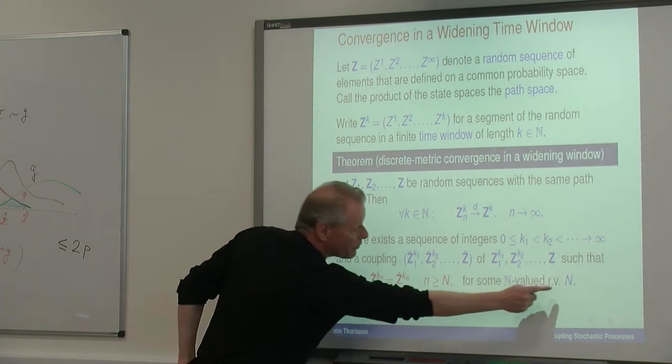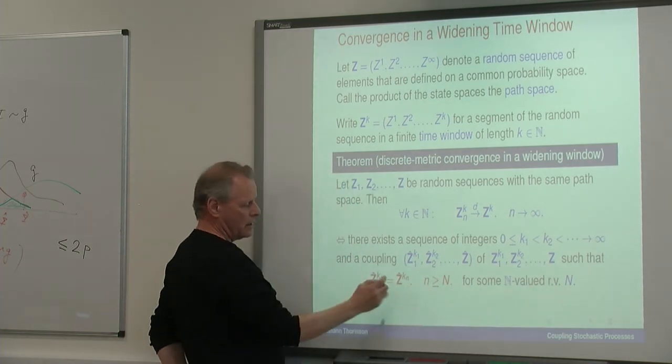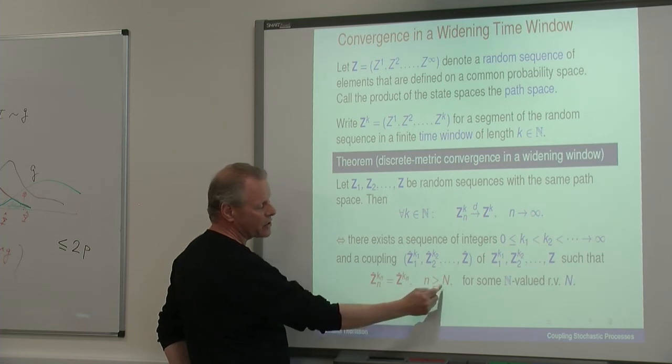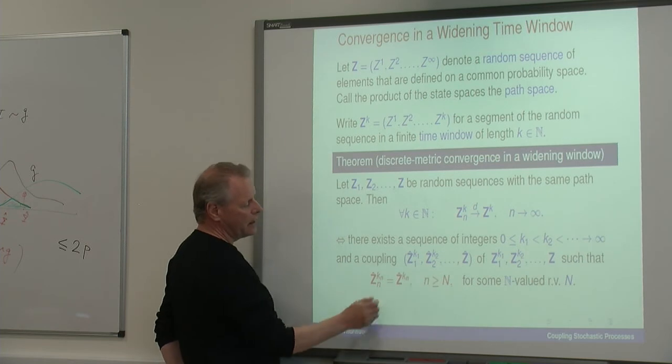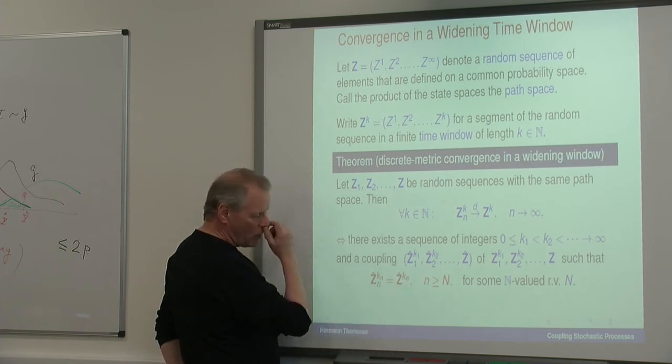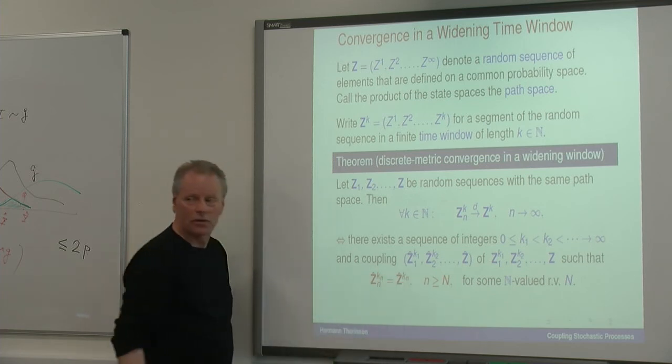there is a random variable n such that when little n is greater than or equal to this random index, then all the widening windows coincide.